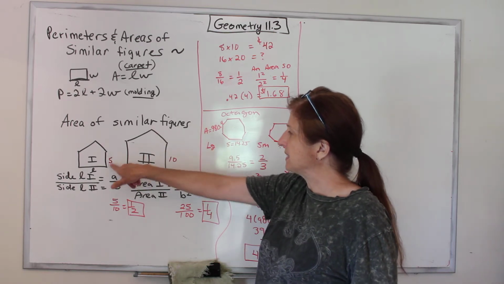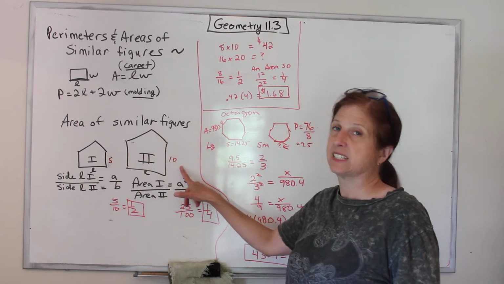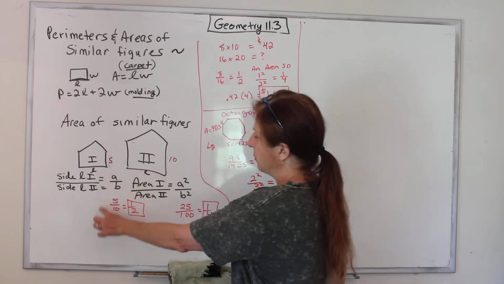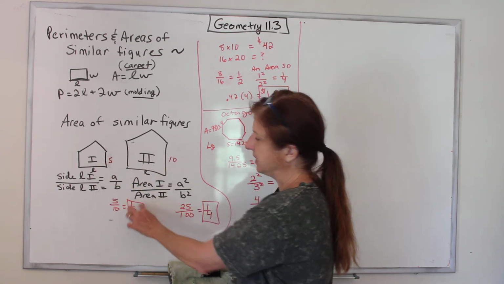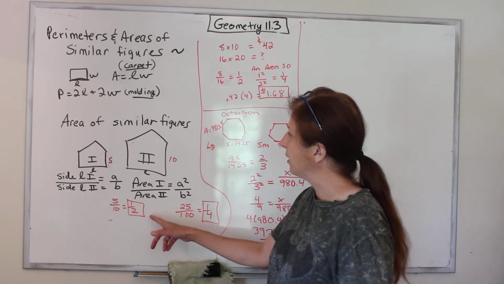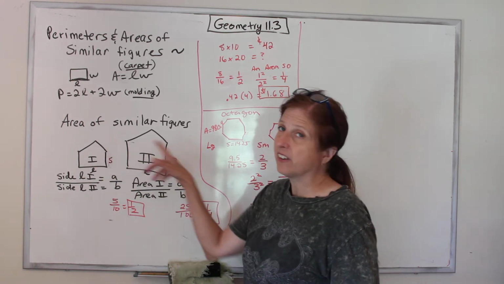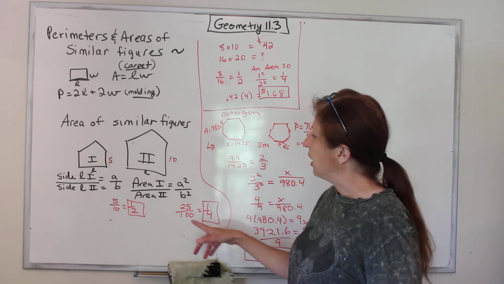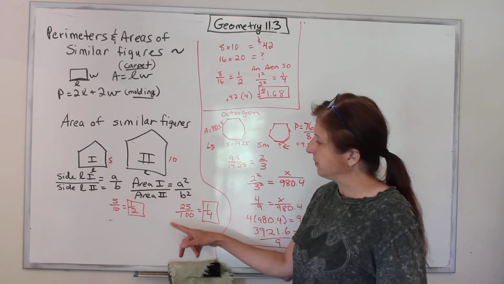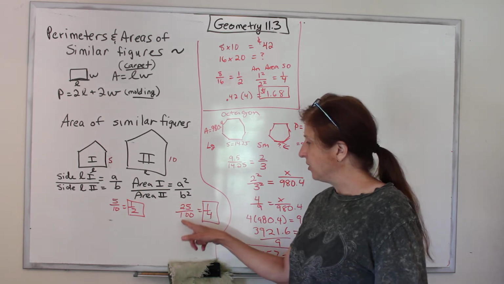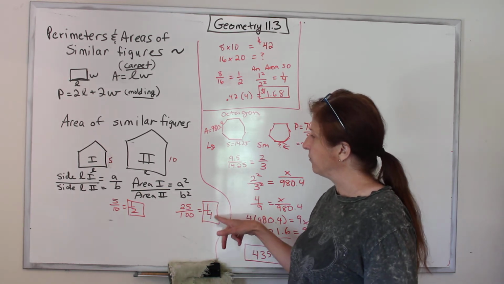For example, this side is 5 and this side is 10. So if we were just looking at the relationship of these lengths, it would be 5 to 10, which is 1 to 2, or 1/2. But if we were going to look at the area of these 2, we could get it by squaring them. It would be 5 squared to 10 squared, 25 to 100, which is 1/4.